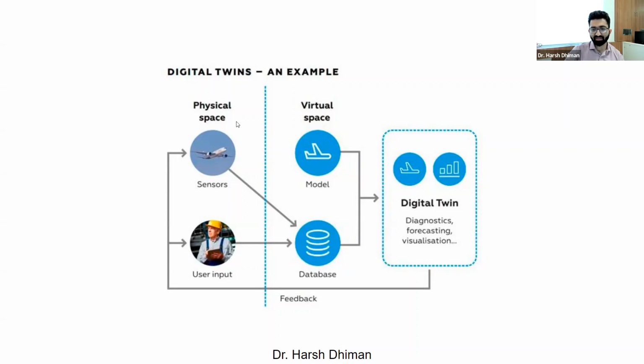And together with this physical space and virtual space, you create a digital twin. The outcome of the digital twin could be diagnostics, forecasting, visualization. You can see trends in your data, and these are basically simulations generated by your virtual space. This simulation can tell you what is wrong with your physical asset, which is the airplane in this particular slide.